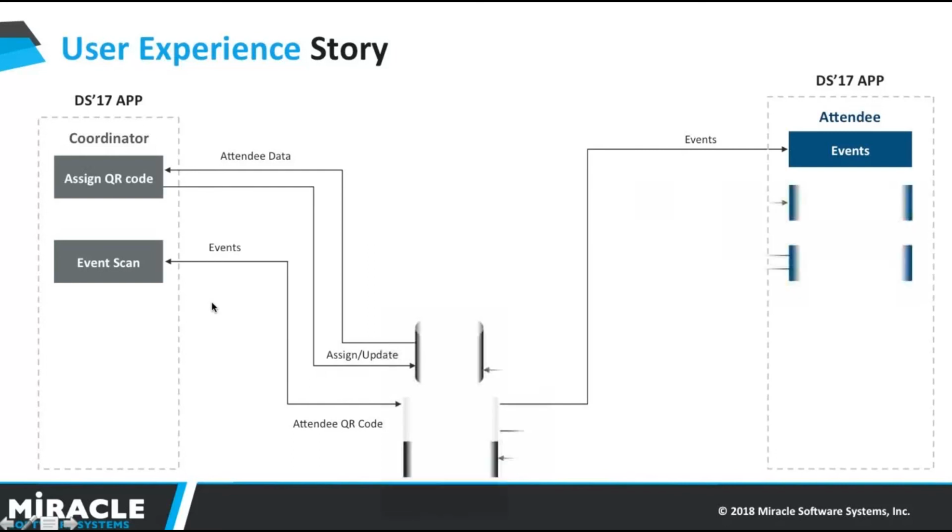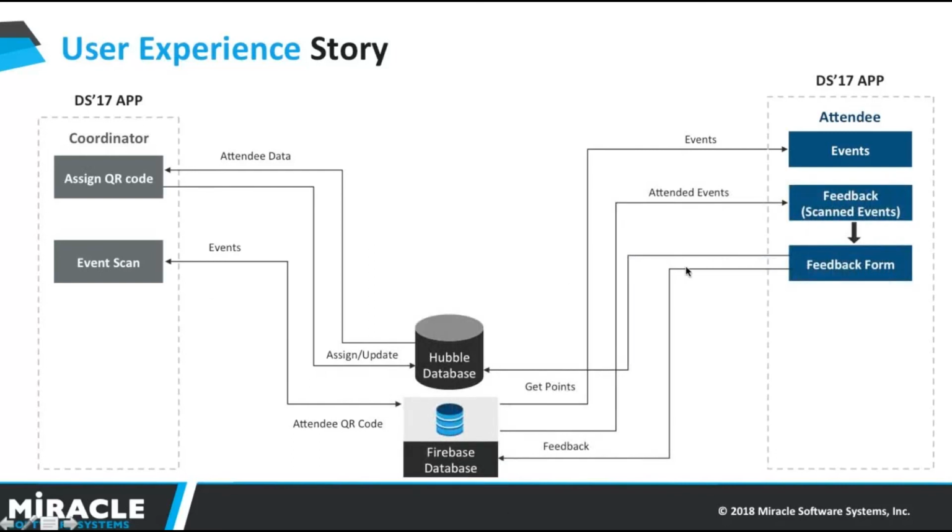Next, the attendee has attended a particular event, right? So that particular attendee will get the feedback page. He or she will see the scanned events of whatever he or she has attended, so they can give the feedback.